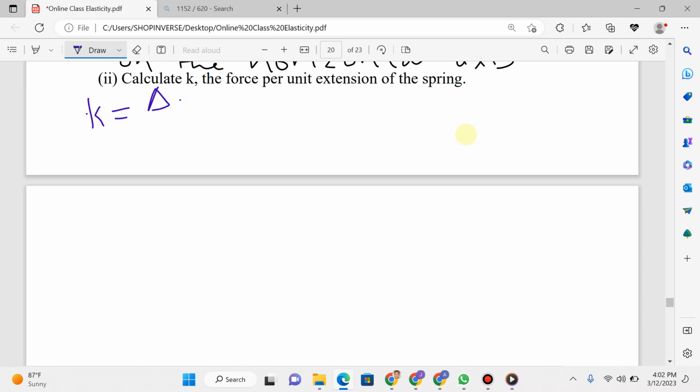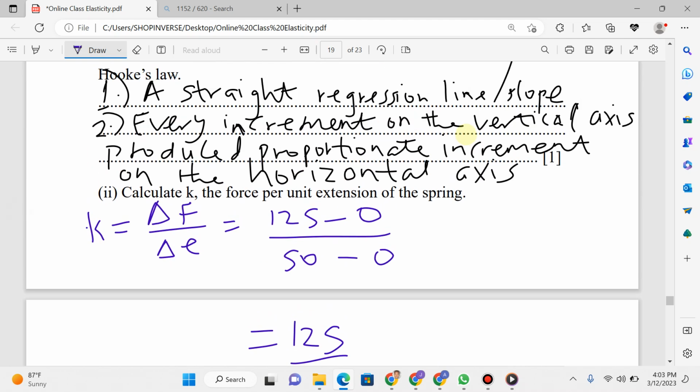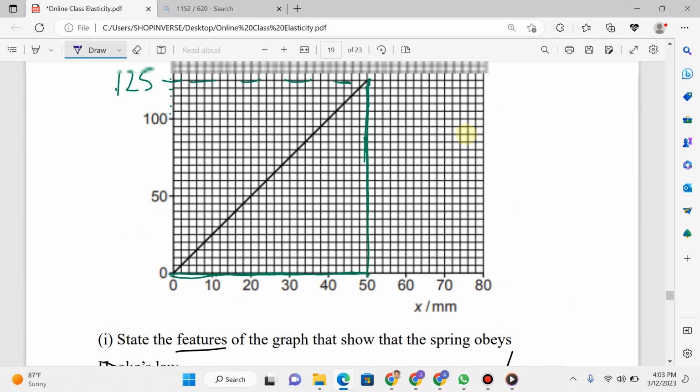Change in value on the y-axis, which is the force, divided by change in value on the x-axis, which is the extension. And that will be 125 minus 0 divided by 50 minus 0. That will give us 125 divided by 50. 125 divided by 5, that's 25. So this means we are getting 2.5 Newton per millimeter.